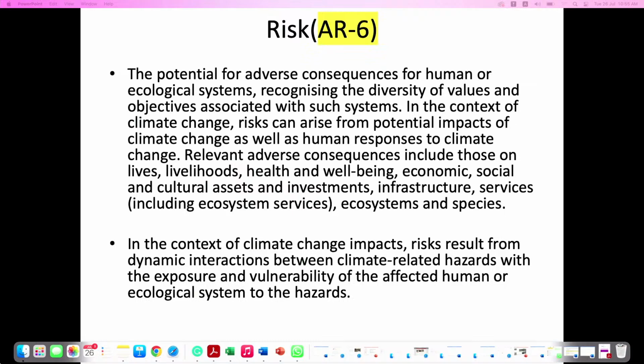In the context of climate change impact, risk results from dynamic interactions between climate related hazards with the exposure and the vulnerability of the affected human or ecological systems to the hazards. So, it is a result of the interaction between hazard, exposure, vulnerability, right. That is why I said climate risk, because that is what is very commonly discussed nowadays. It can also be disaster risk, equally true.